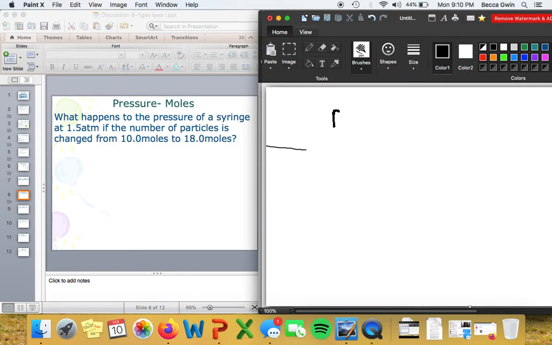With this one, we talked about this in discussion today. P1 over N1 equals your second pressure over your second number of moles. From there, our first pressure is 1.5 atmospheres, that's over 10 moles.